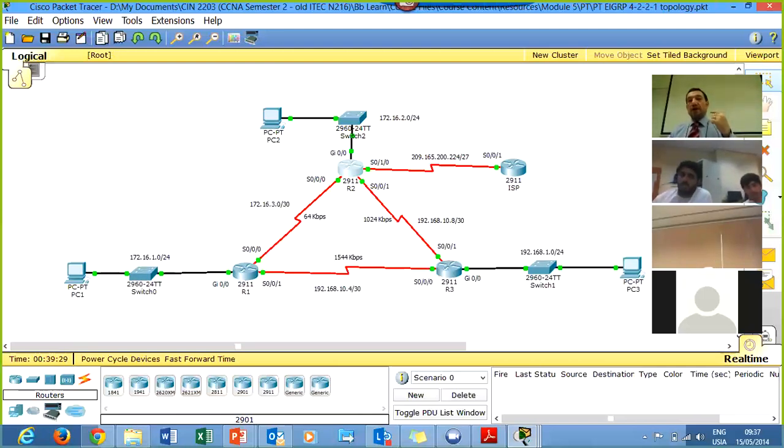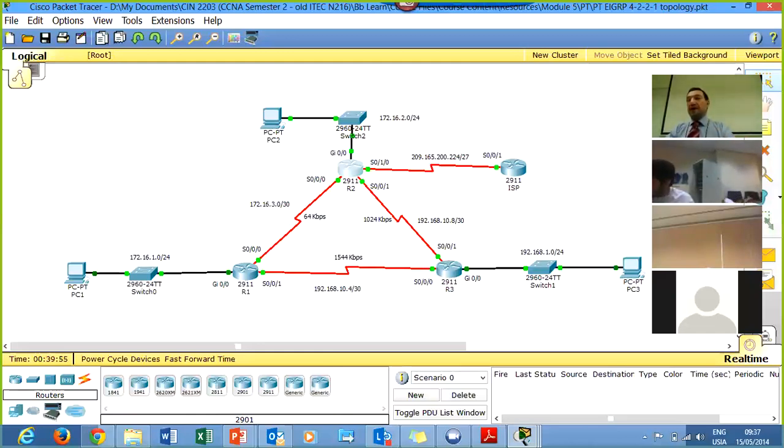Otherwise, if I only apply it on one side of the link, they will lose connection. One says, I cannot authenticate you. The other says, what are you talking about? I don't know anything about authentication. So they don't become neighbors anymore. Make sure that on both sides of the link you set exactly the same keys, the same key and the same key string. Otherwise, they will not authenticate you.